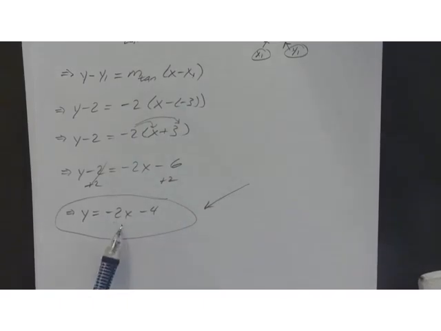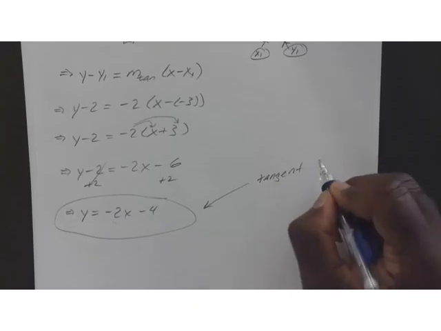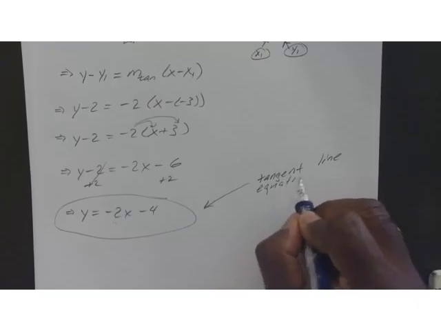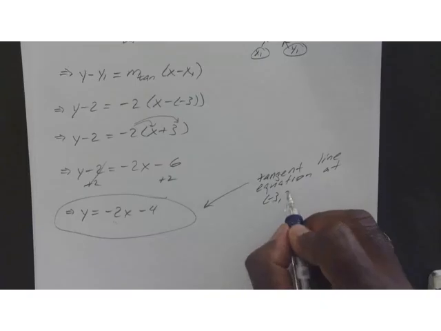Okay, so that's our tangent line equation at the point (-3, 2).